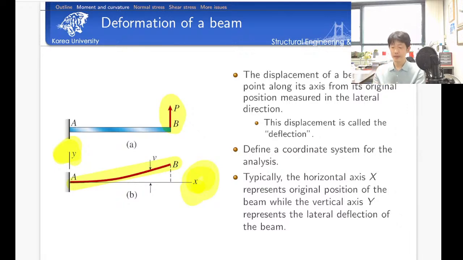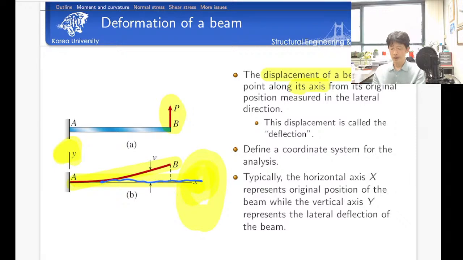Okay. So here first we want to measure the displacements of a beam at any point along its axis, along the longitudinal axis, from its original position. Where is the original position? This is the original position.